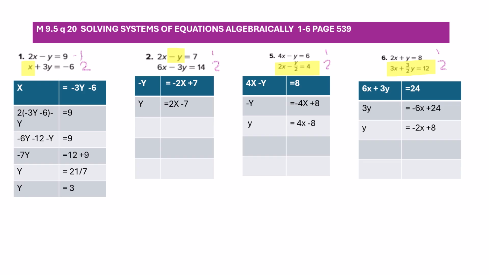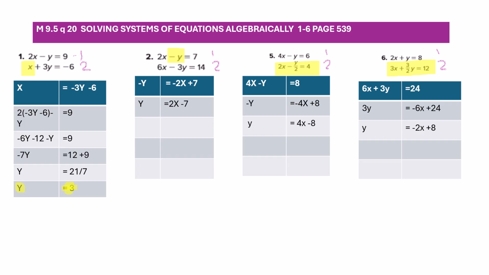In this example, x plus 3y is equal to minus 6. So this is very easy. x is equal to minus 3y minus 6. Then you substitute in the first equation, and you get y is equal to 3.